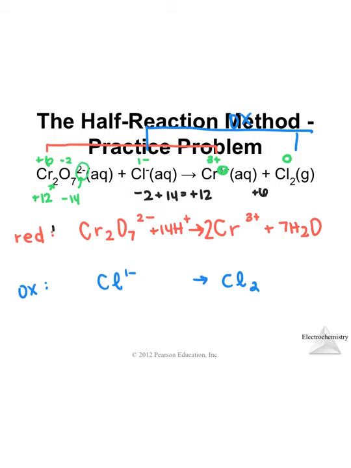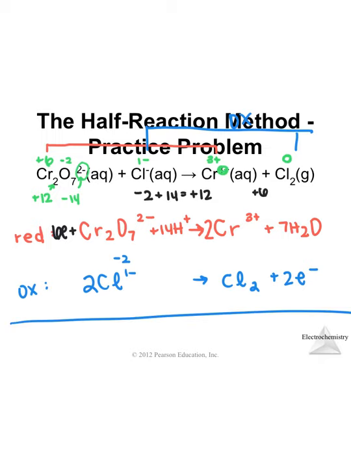So I need 6 electrons on the reactant side. Okay, next we're going to do the chlorine. So I've got 1 in and 2 out, so I'm going to put a 2 in front of my chlorine ion. So now the chlorines are balanced, and when I look at charge, I've got a charge of -2 here. So I need 2 electrons on the product side to balance. A little bit easier there.